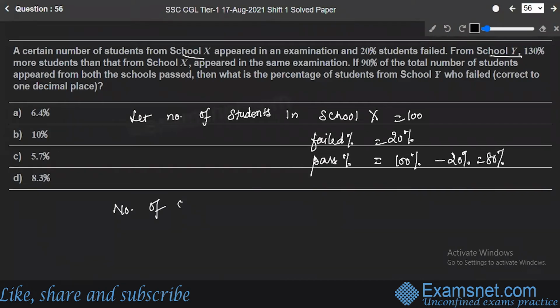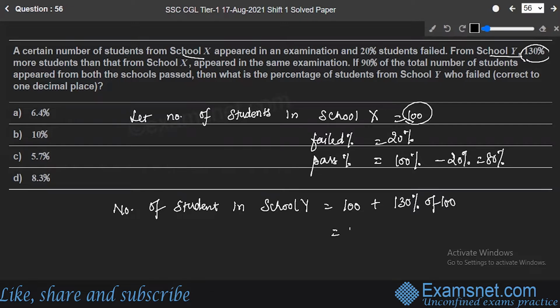Now, number of students in school Y. This is 130% more than that of school X. So that is 100, the number of students of this school, plus 130% of 100, which makes it 100 plus 130, equal to 230. So school Y is having 230 students, right?